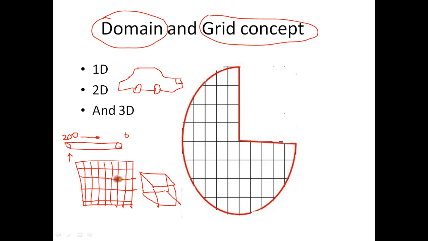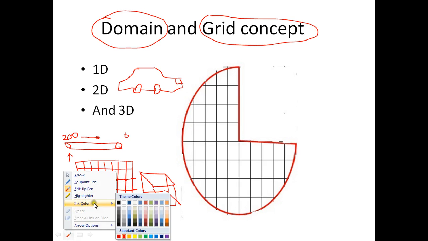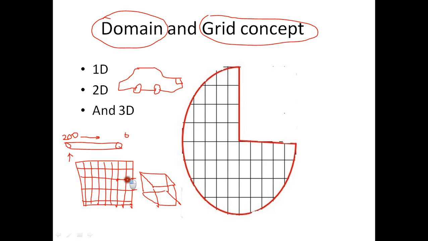I'm going to change the color. So each has one, two, three, or four nodes. These are called nodes and these are called elements. This is called an element, or a subdomain of this.